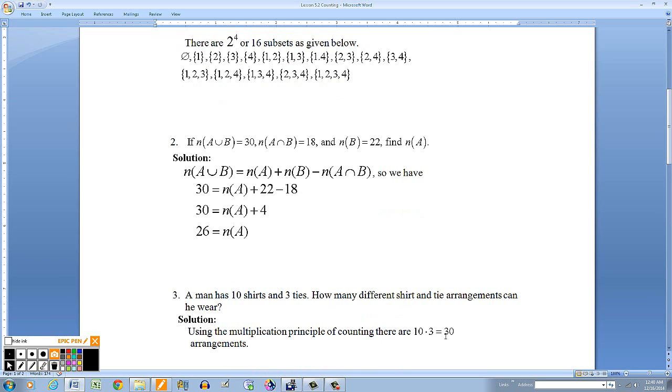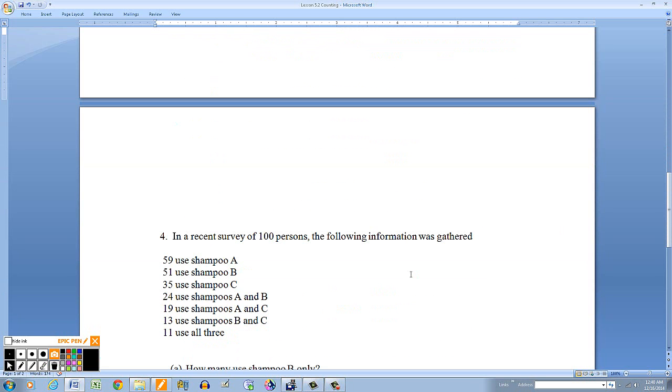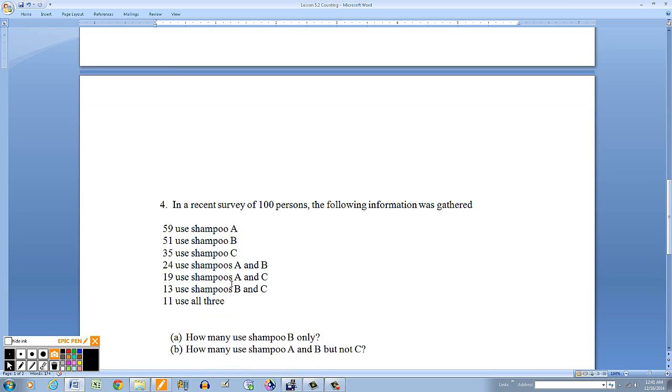Now, also in the previous lesson, I talked about Venn diagrams and mentioned that in some cases they're handy to solve problems involving surveys. So here's an example of that. In a recent survey of 100 persons, the following information was gathered. 59 used shampoo A, 51 used shampoo B, 35 used shampoo C, 24 used shampoos A and B, 19 used shampoos A and C, 13 used shampoos B and C, and 11 used all 3.